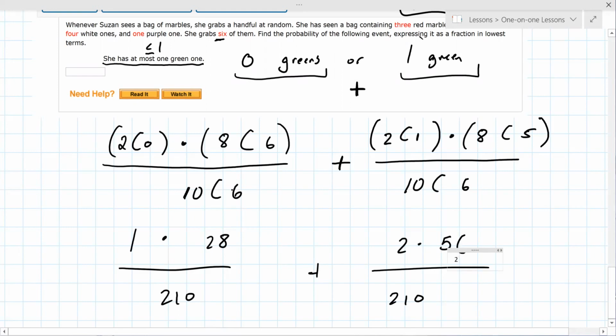Okay, so it's 28 over 210 plus 2 times 56 over 210. So that's 2/3. Wow. Okay. Well, that worked out nicely. We'll see if that's correct.